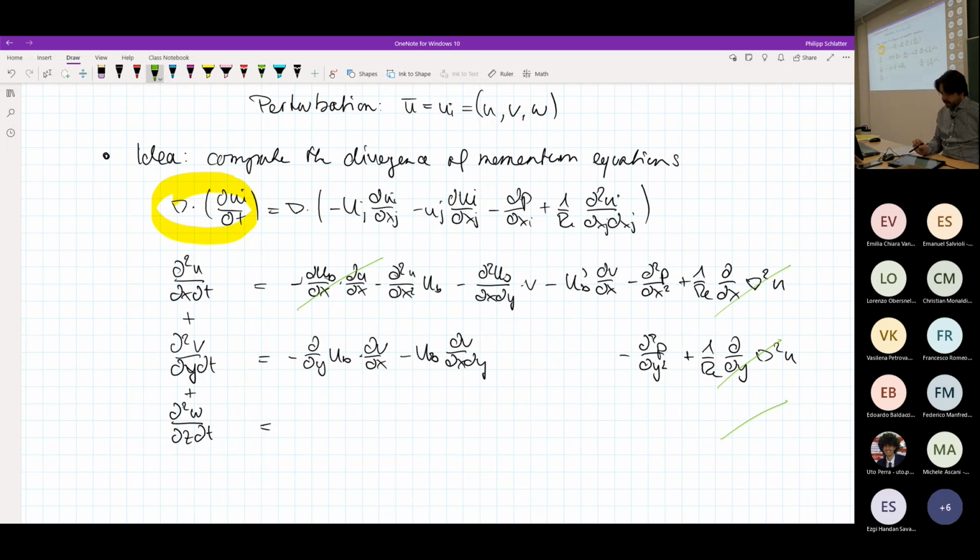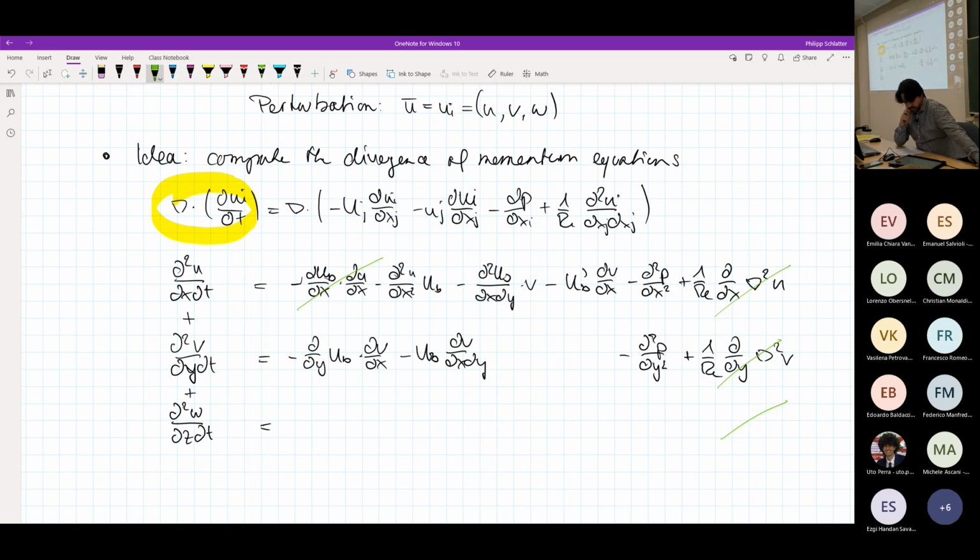The second term, where do we have it? In the last term of the second derivative of v, shouldn't it be nabla squared v? This should be v. Yes, of course. Yes, exactly. This should be v. Professor? Yes?